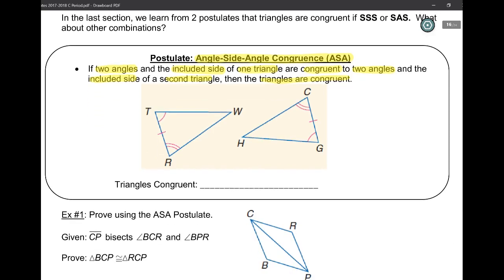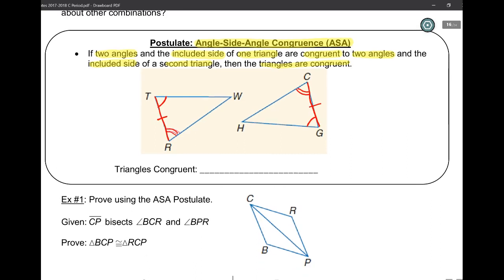So if we look at these two figures, here's angle T, that's going to be congruent to angle G. Angle R is congruent to angle C. So TR is considered the included side. It's the side that is part of angle T and part of angle R. And then that's congruent to CG, which is also the included side. It's part of both of the angles.